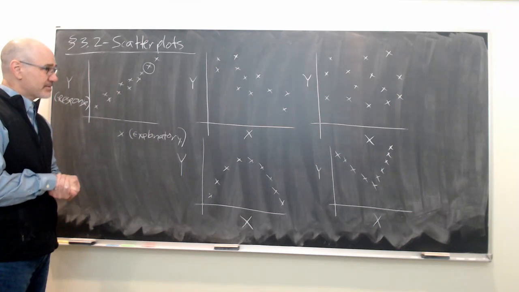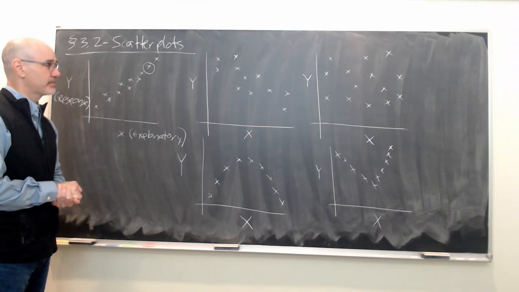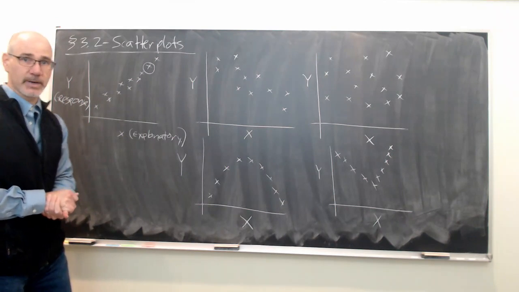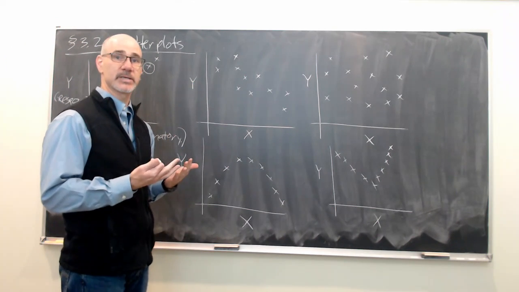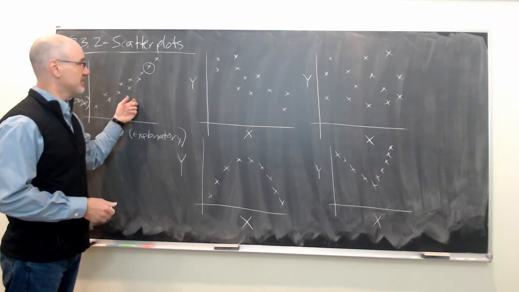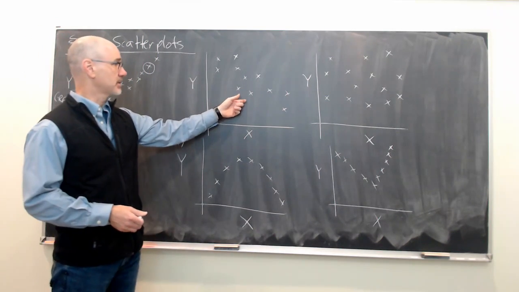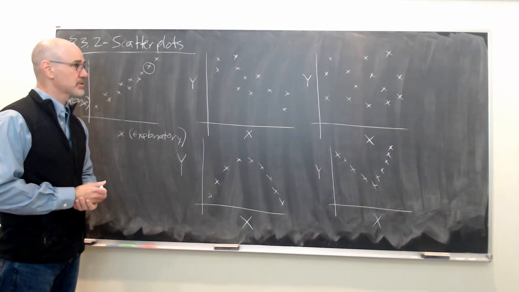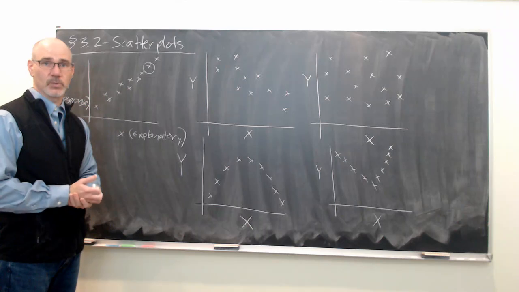Now, if we have a linear association as evidenced by our scatterplot, so we've plotted the data, and the association appears to be a straight line, as in the first one or the second one here, then it's appropriate to measure what's called the correlation between x and y.